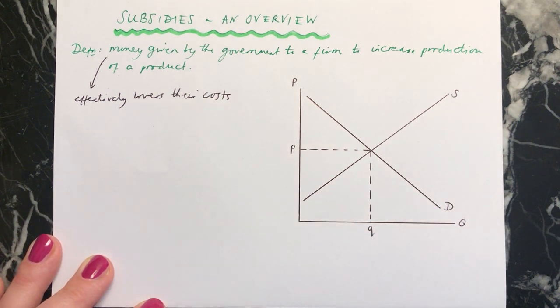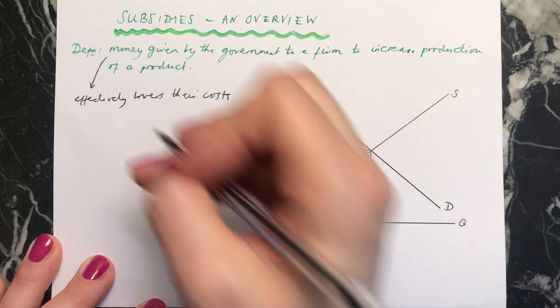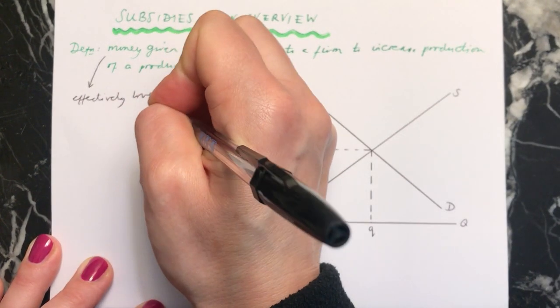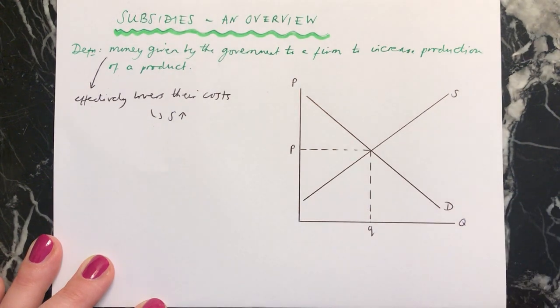They're receiving this money from the government, so it lowers their costs. And we know that if a firm's costs are lowered, this enables them to supply more, because it's not costing them so much to make things.